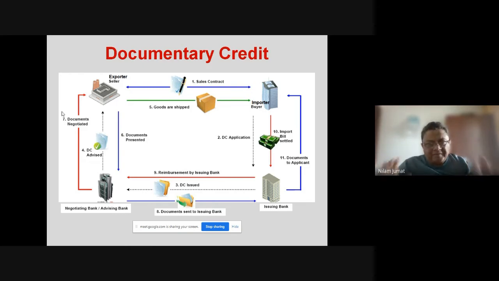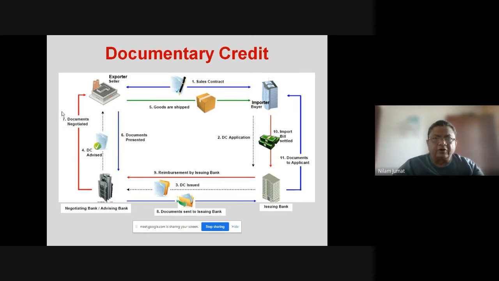Documentary credit means, that was the last part I told you very clearly, that even if the importer does not accept the shipment or the documents that you send, even if the importer does not accept your shipment, or in other words, does not accept your documents, either DP or DA, still you will get a payment because the bank is going to give you a guarantee.